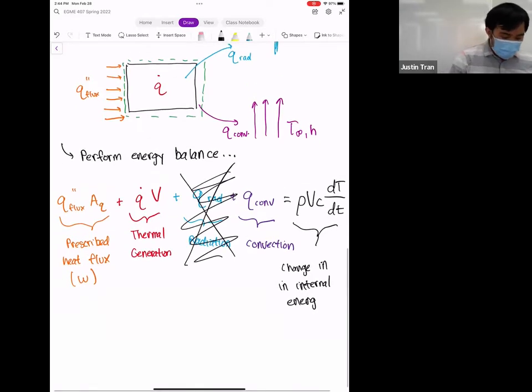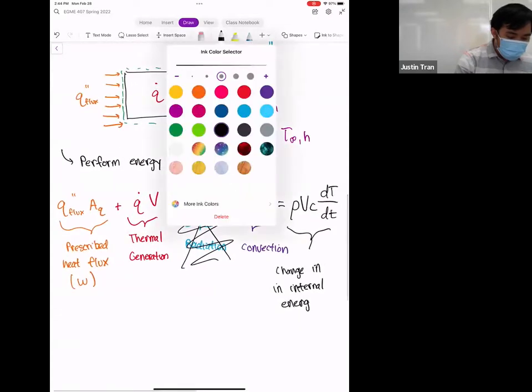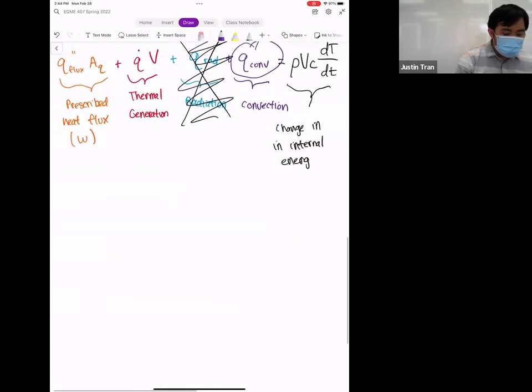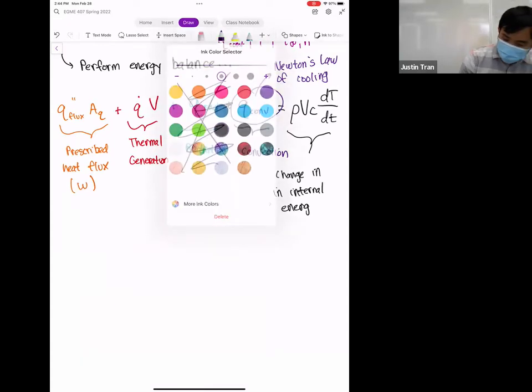In addition to this, we're also going to take our Q convection here and plug in Newton's law of cooling, where, remember, the heat transfer due to convection is equal to H times the area times the temperature difference. Let me go ahead and make those changes.